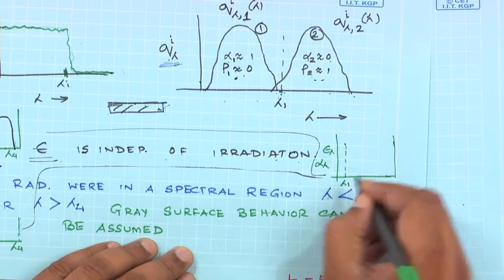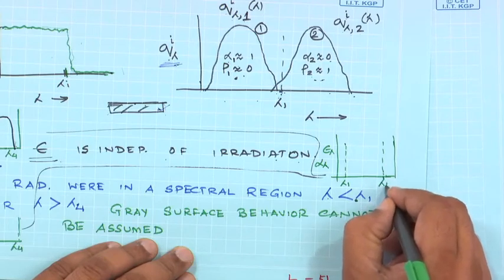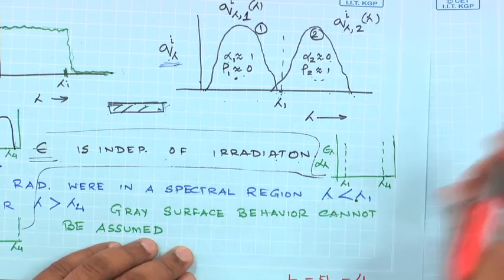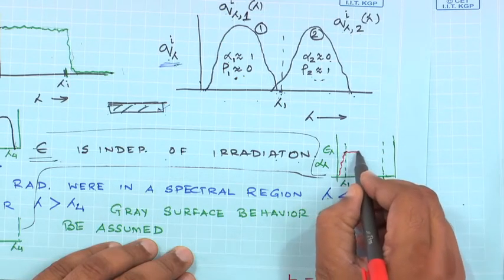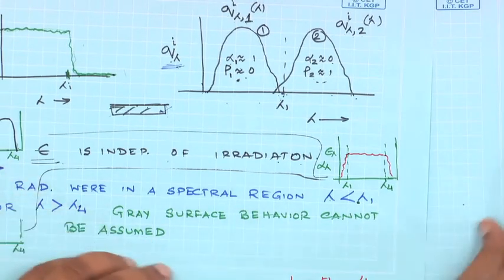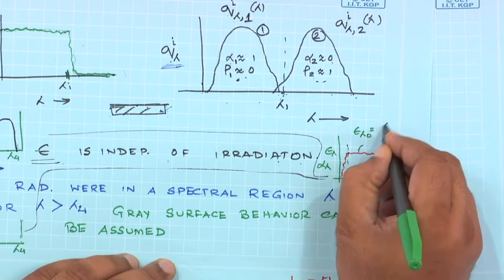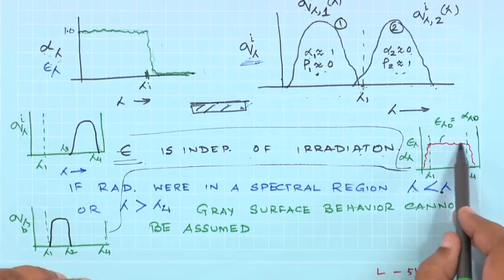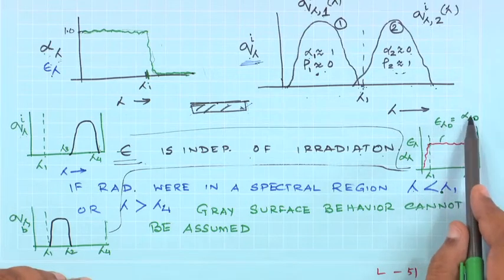This is lambda 1 and this is lambda 4. So, the curve looks something like this. Okay, and this is epsilon lambda equal to alpha lambda. So, as you can see, over this wavelength range lambda 1 to lambda 4, the value of emissivity is equal to the value of absorptivity.